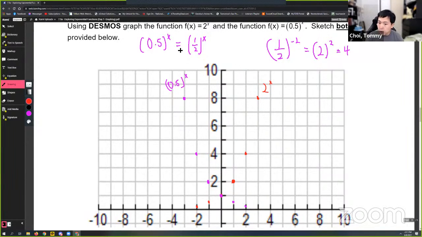Which means if we were to expand this idea, and call these opposites or reflections of each other, then we could say 3 to the power of x would be the reflection of 1 over 3 to the power of x. 4 to the power of x would be the reflection of 1 over 4 to the power of x. And so on and so forth, right? So that's the connection they want you to make here because of how negative exponents work.